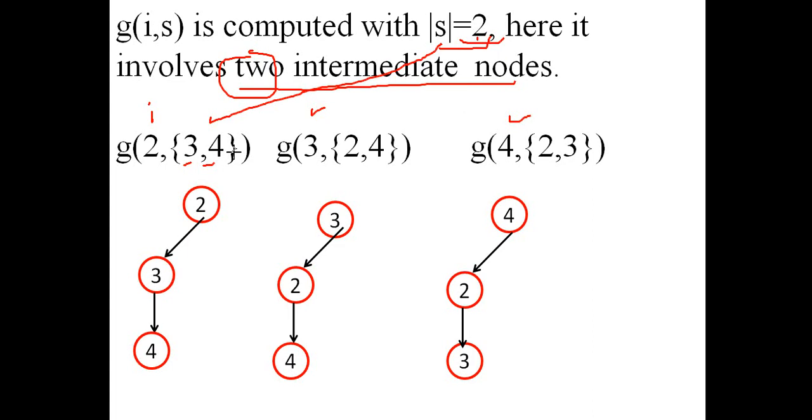S has how many? S equal to 2. So in the previous slide S is equal to 1, but in this stage S value is how much? 2. That is 2 vertices, vertex 3 and vertex 4, vertex 2 and 4. 2 is there, right? So that's why we are writing S value is equal to 2.